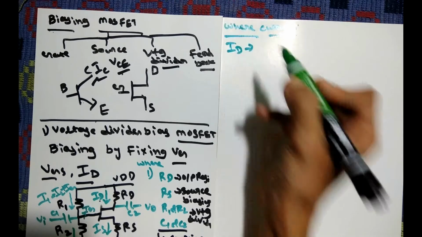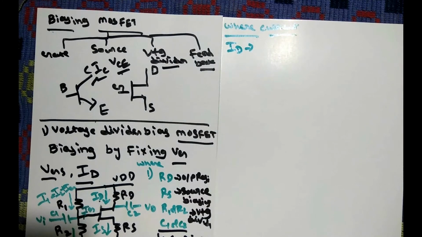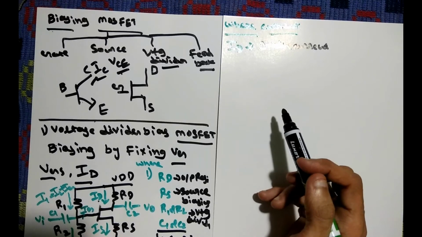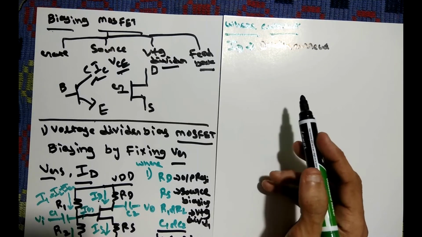ID we call the drain current, and it depends on VGS and VTH.